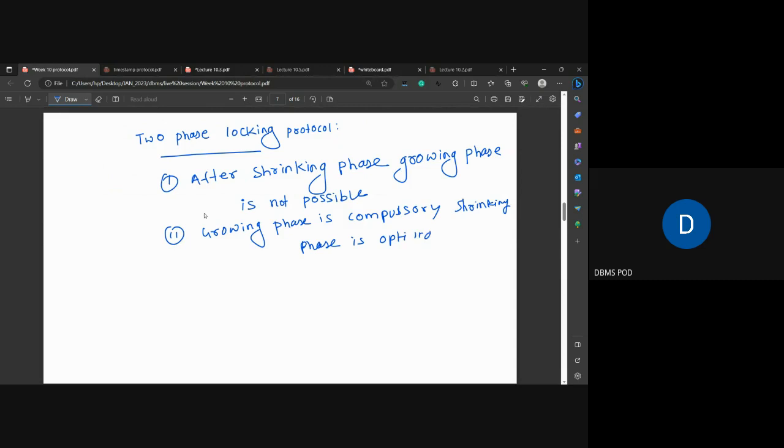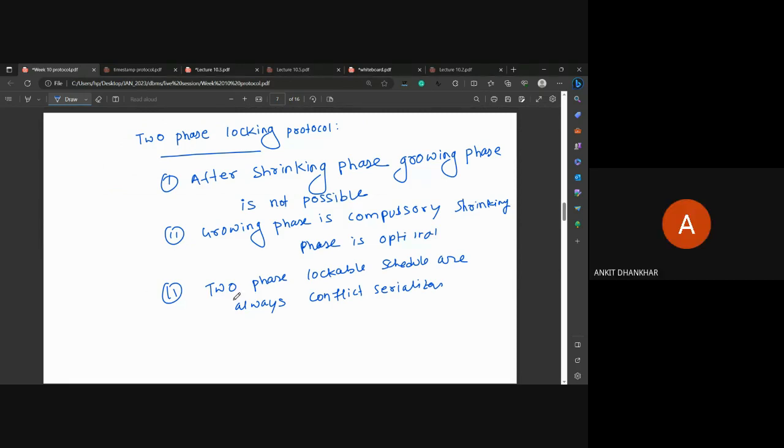And the next point: two-phase lockable schedules are always conflict serializable. Right? So let's give some examples.